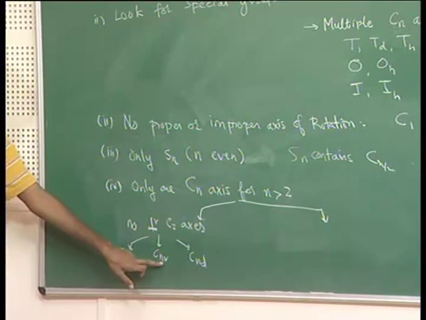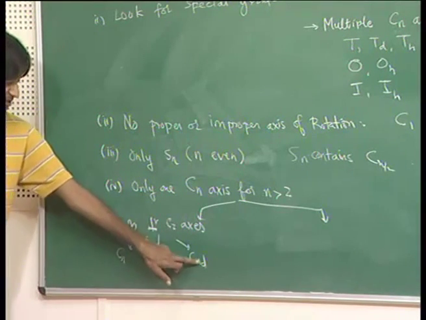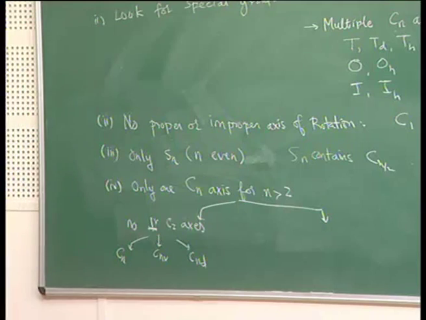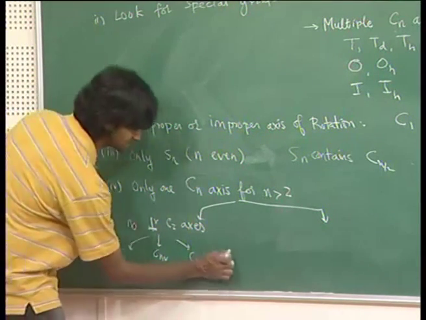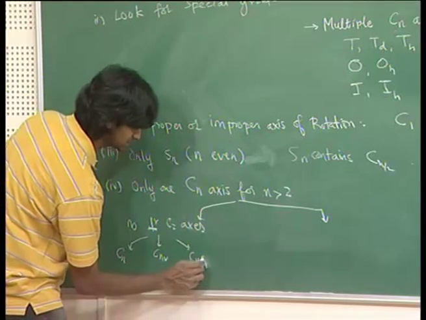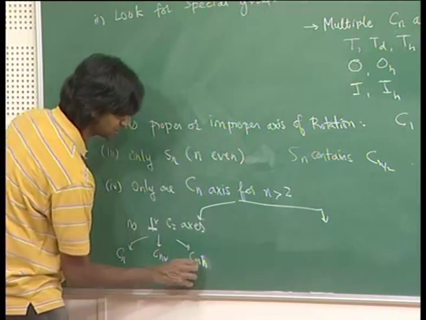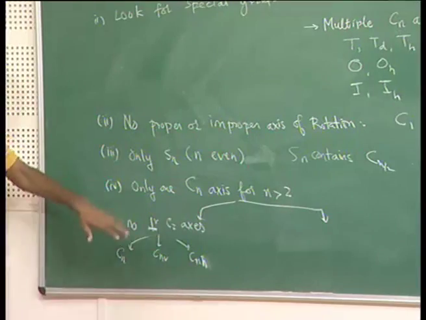If you have a vertical plane of reflection or a dihedral plane, it will be Cnv or Cnd. If you had a horizontal plane of symmetry, then it would be Cnh.